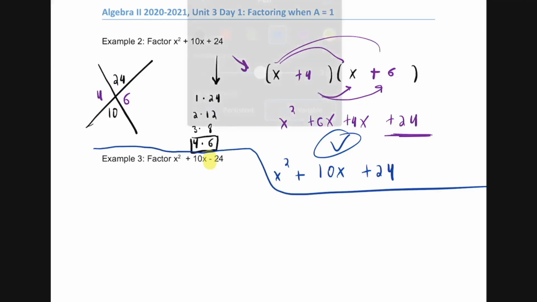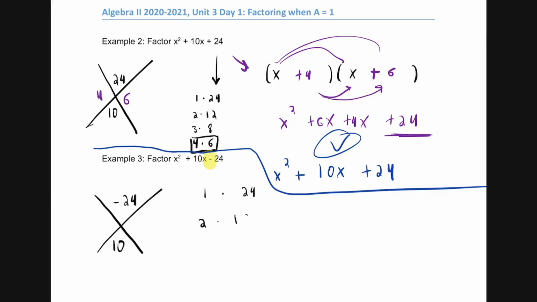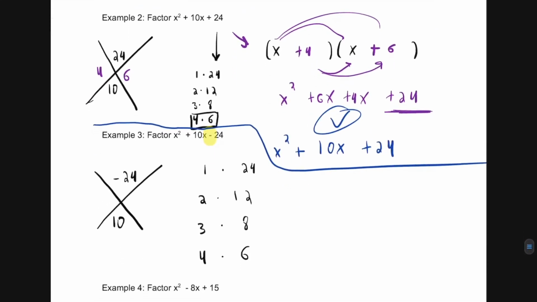What I need now is two numbers that multiply to make negative 24 but add to make positive 10. Here's what I like to do. I like to list the factors of 24. I've got 1 times 24, 2 times 12, 3 times 8, and 4 times 6. And you're just going to get better and better at this. Eventually you'll do it without drawing the x.